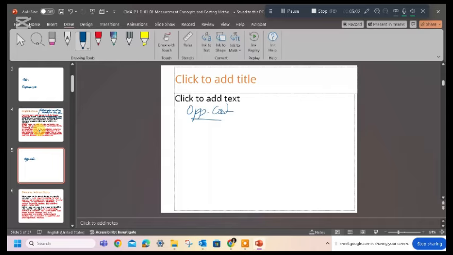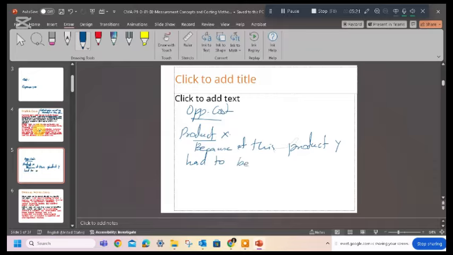Let's say we are manufacturing a product X. Because we are manufacturing product X, product Y had to be given up. Maybe you had a limited capacity of production. So when you chose product X, you had to give up product Y.